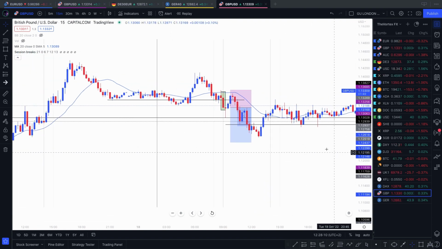We are looking for price that has formed some sort of support or resistance zone overnight during the Asian session. Now, wherever you are in the world, this will determine how you trade this setup. As long as you are awake for the London trading session, you will be good. For me, the Asian market occurs very late at night into the early hours of the morning.